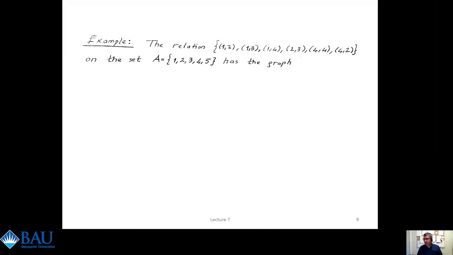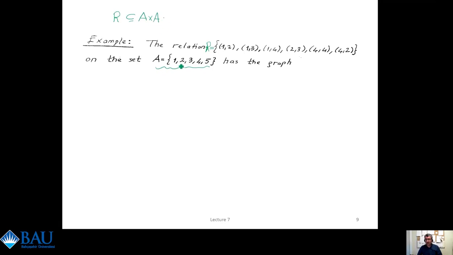Let me call this one R. It doesn't matter which label you put on it. This is R, a set which is defined on the set A. First, is this set R a relation? To answer that, you have to check: is R a subset of A cross A?